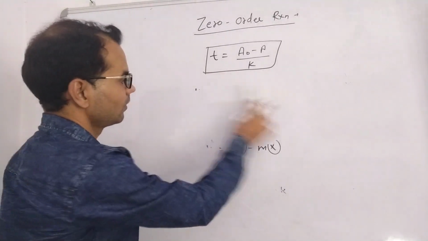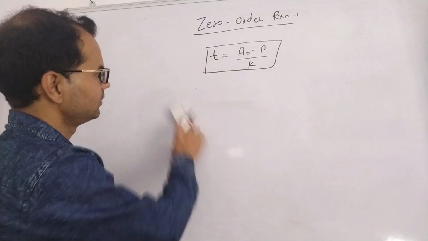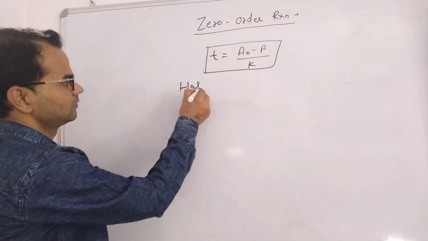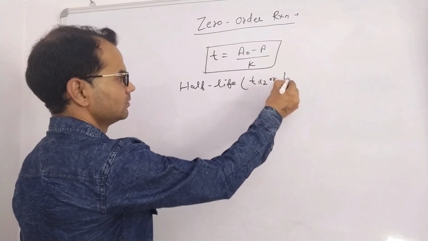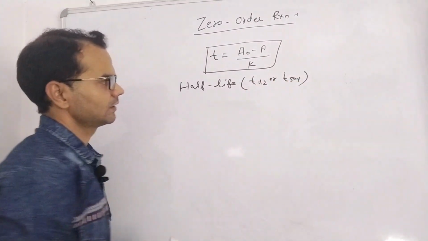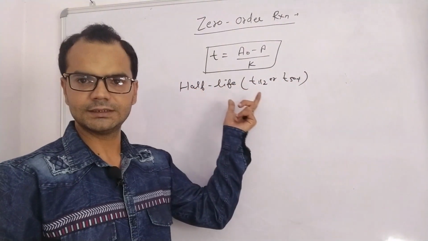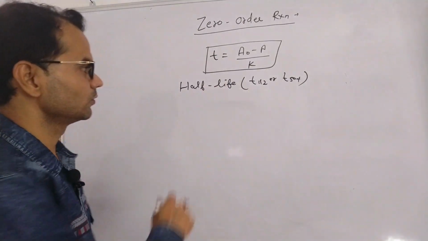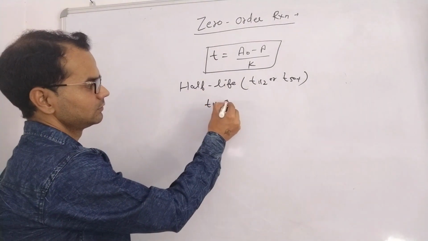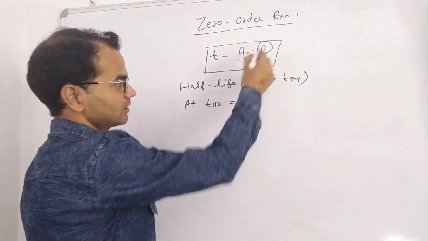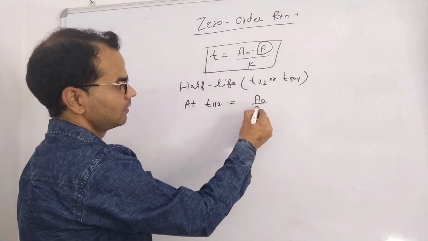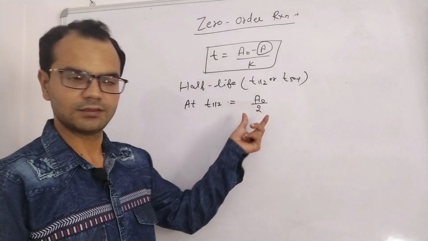Next is t half or half life, or t 50%. Half life means when 50% reaction is completed. So at t half, final concentration of reactant will be half of initial.